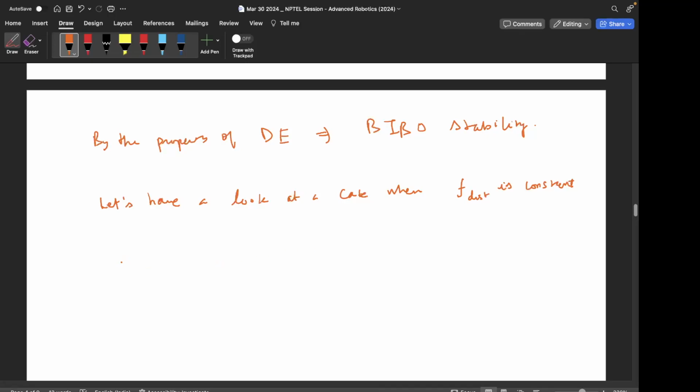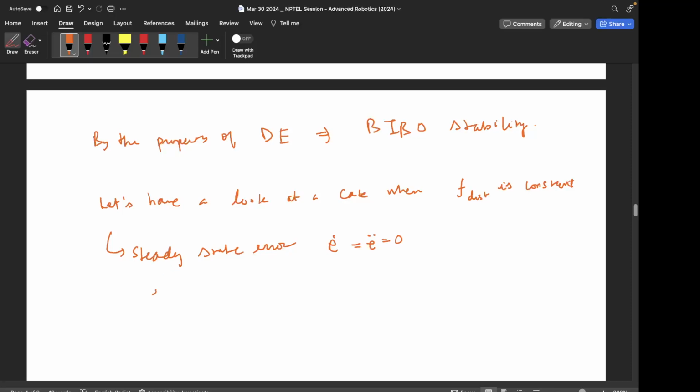So in that case, let's see what the steady state error is. Whenever you see the term steady state written alongside any quantity, it means that that quantity is not changing with time, right? So the derivative of e is 0, right?